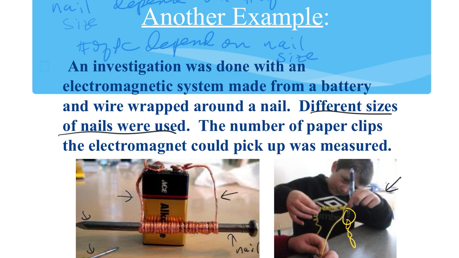But the number of paper clips that it can pick up depends on the nail size, the magnet, and the coils. So the dependent variable is the number of paper clips. And then the nails are independent variables.